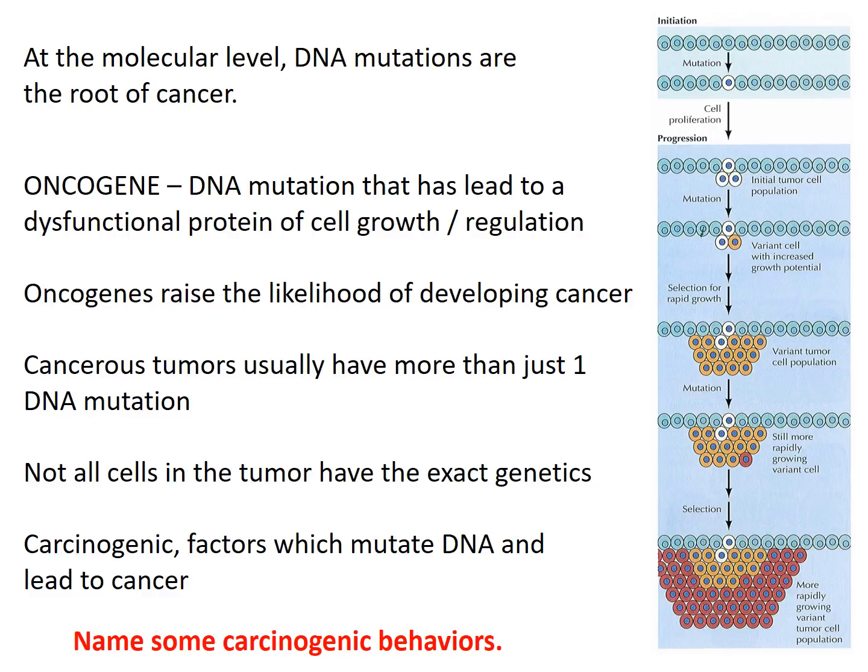So in our little picture here on the right, let's imagine that we've got a lining of epithelial cells, and suddenly one of those epithelial cells mutates. That mutation leads to abnormal differentiation and proliferation of the cells. So now, rather than having one cell, we've got a number of mutated cells.